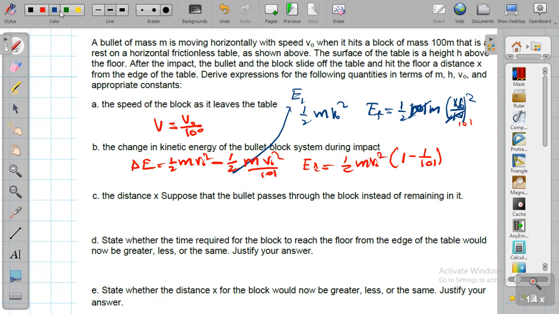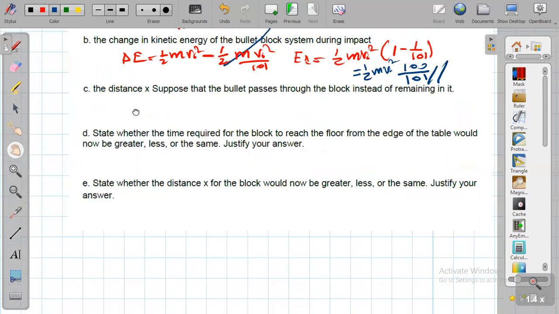So it's going to be 100 over 101. This is how the energy is lost. Very small amount of energy will be remaining there.